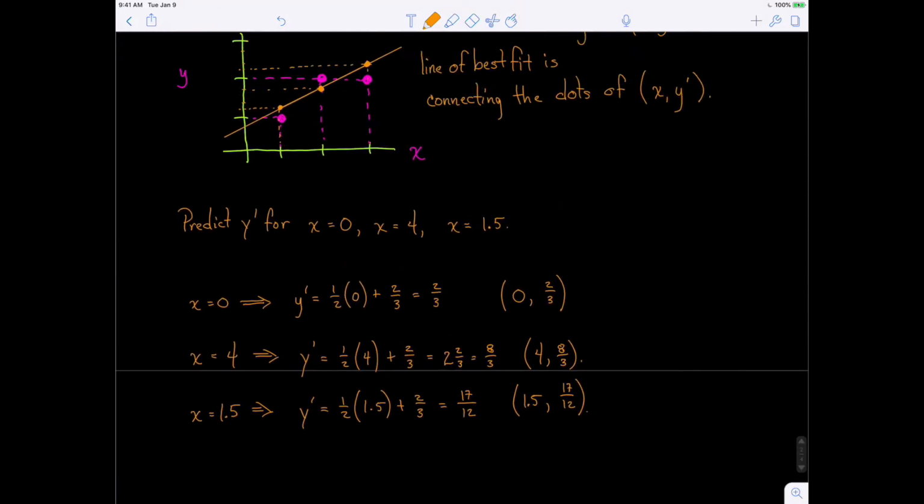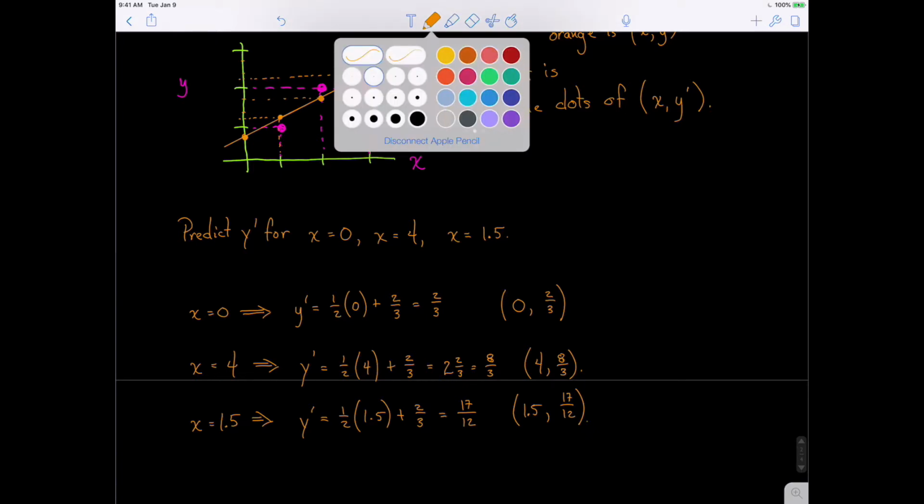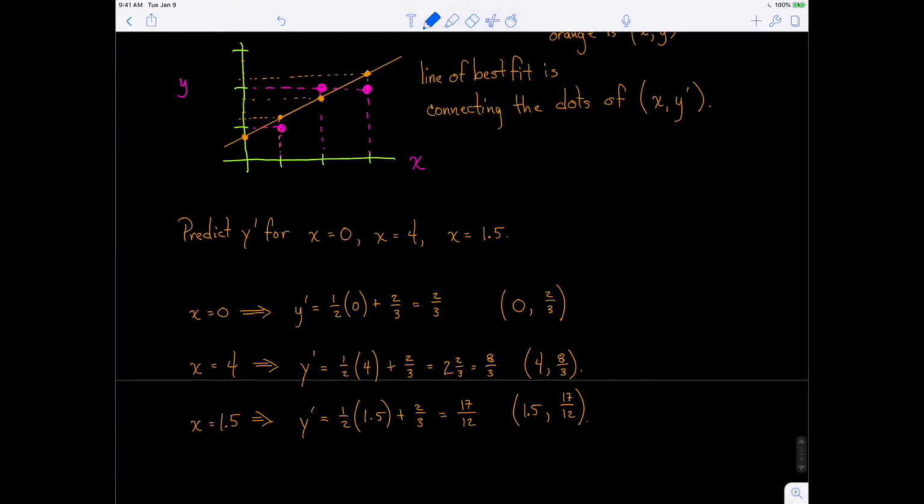Now, let's graph these points. When x is 0, I'm at 2/3. Well, that's right there. Maybe I should do these in another color. How about I use blue, so these will be blue dots.